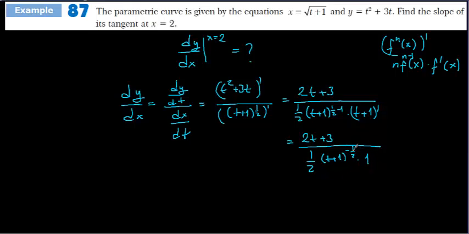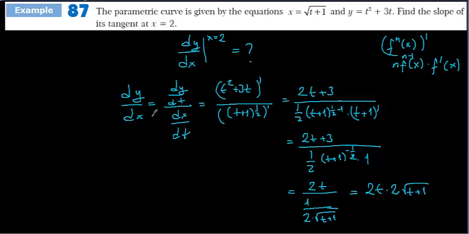And this negative power sends this expression to the denominator, and it's also 1 over 2. That's why it's going to be equal to 2t plus 3 over 1 over 2 times root of t plus 1. And the last part, it's going to be equal to 2t plus 3 times 2, because 1 over 2 becomes 2 going up, times root of t plus 1.